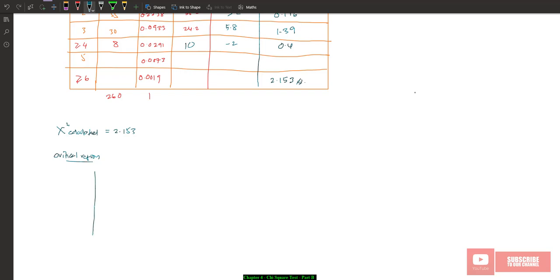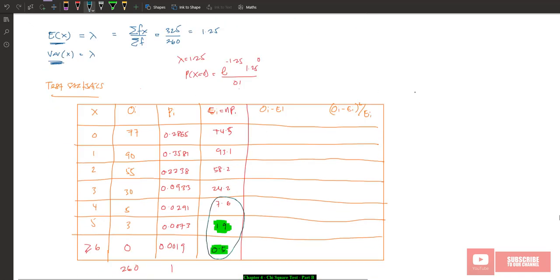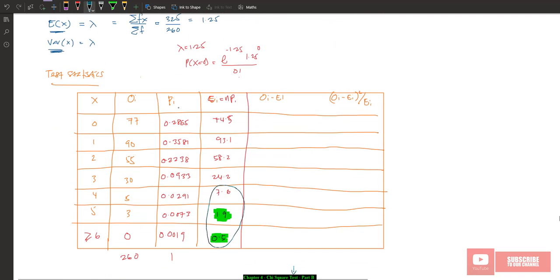Let me draw the chi-squared distribution curve. So this is 0.05, our alpha. Now our degree of freedom is equal to k minus 1 minus 1, because k minus 1 is a fixed value, and another minus 1 is because we are calculating the probability value using the formula.